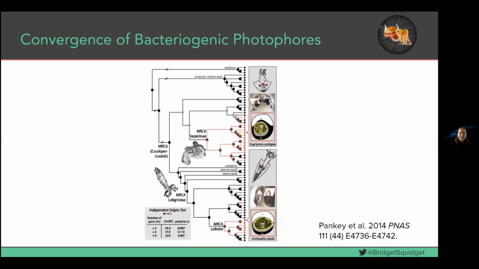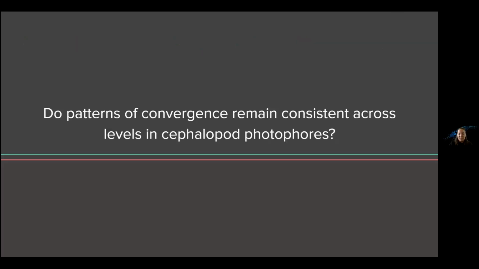Previous students in this lab have studied the convergence of photophores at the organ level. Sabrina Pankey was looking at sepiolid squids and found that there's at least 2 independent origins and possibly a third, but we wanted to dig a little bit deeper and ask if these patterns of convergence remain consistent across biological levels when studying these photophores.